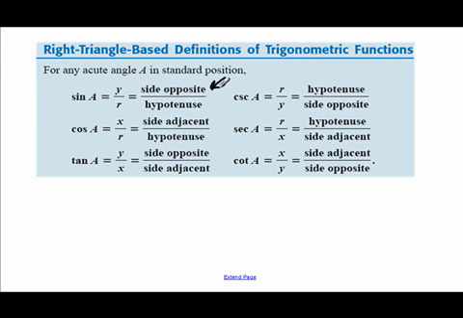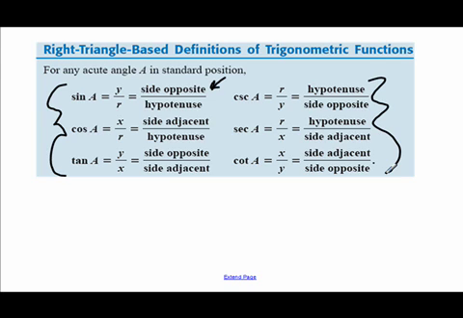So sine of an angle A will now be known as opposite side over hypotenuse in terms of the lengths of those sides. Cosine, adjacent over hypotenuse, tangent, opposite side over adjacent side. And I always just remember those 3, and we all know then the reciprocal property kicks in for the other 3.